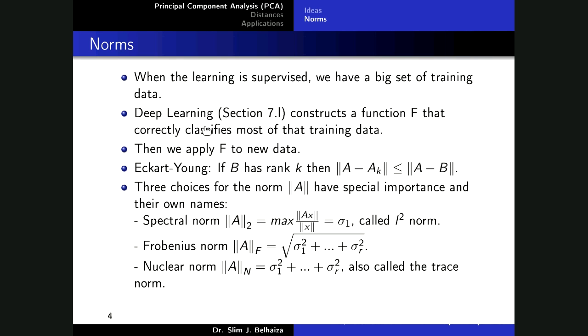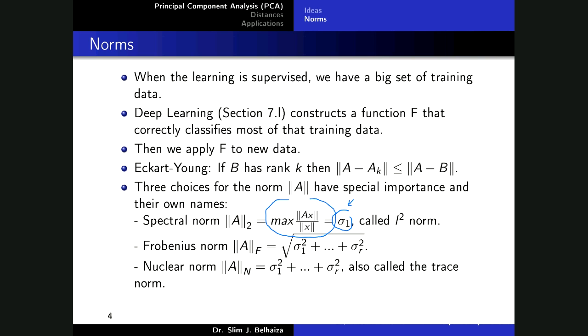As a reminder, Eckart-Young said that AK is the closest matrix to A than any matrix B with rank K. And here are three main choices for the norm of a matrix. The L2 norm is the optimization problem we talked about, and we will understand what sigma 1 means here.